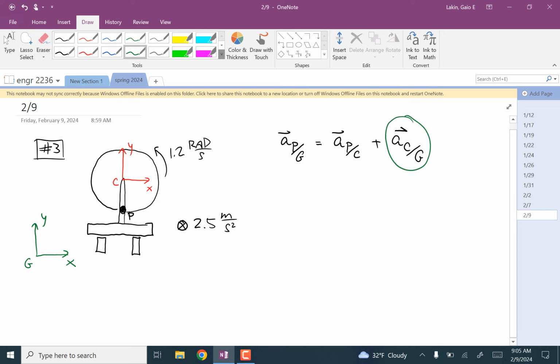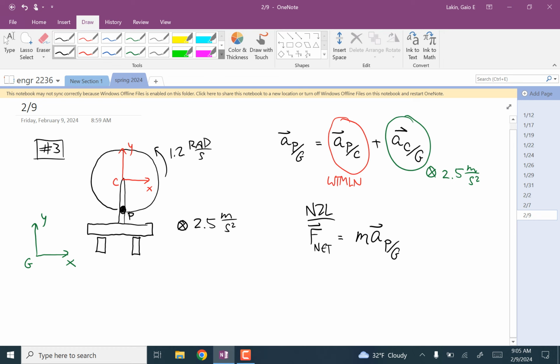This one is the 2.5 into the page. This one is the watermelon. And then when you use Newton's second law, it says F net is equal to the mass times the acceleration of the passenger relative to the ground, because the ground is an inertial coordinate system.